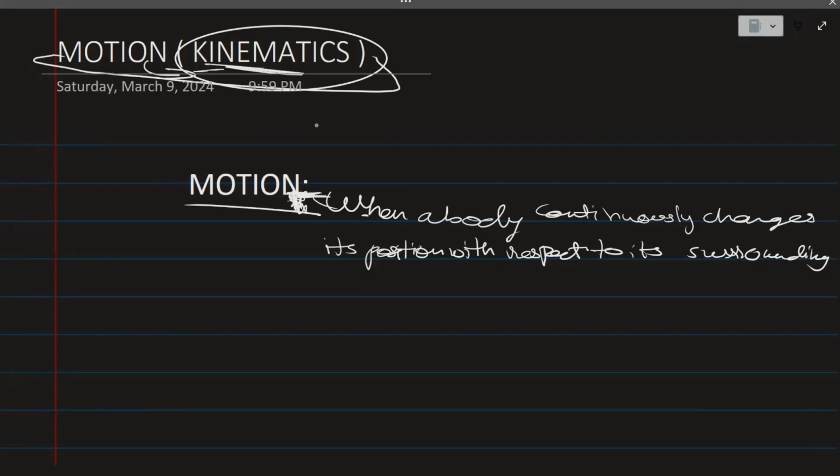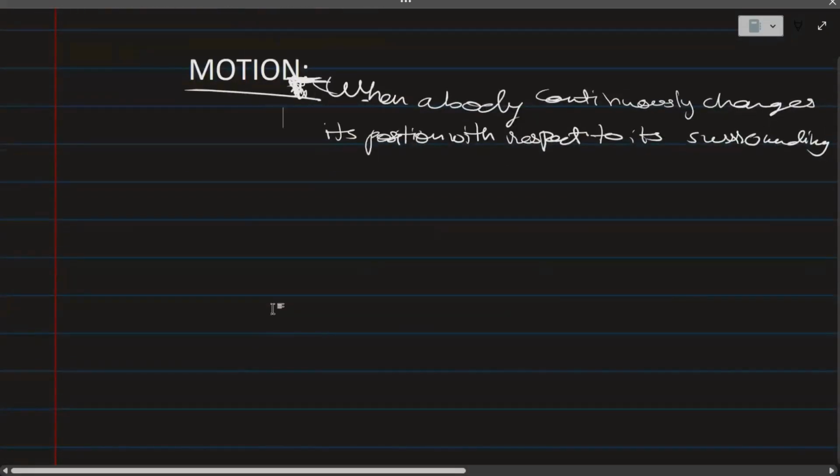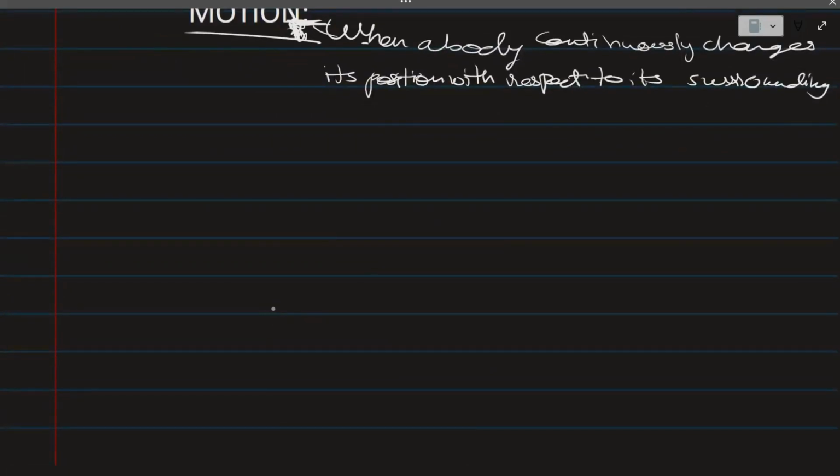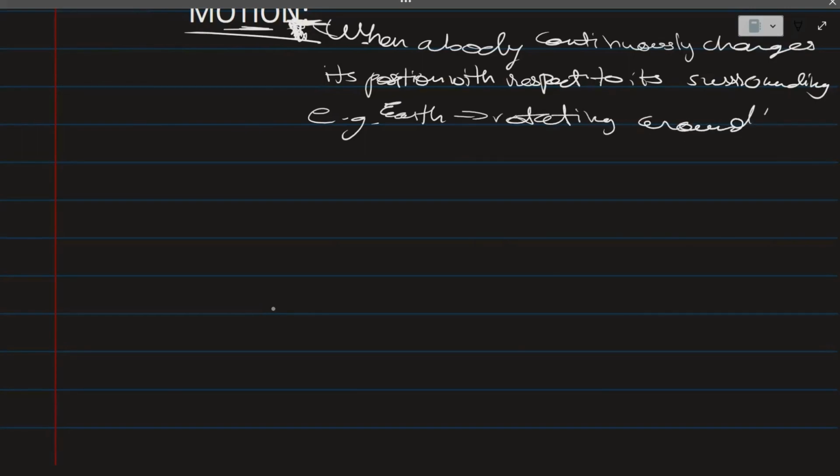Now, what is the opposite thing of motion? Basically, the opposite of motion is rest. But let's first write some examples of motion. So what can be the example? It can be, for example, the Earth rotating around the sun.